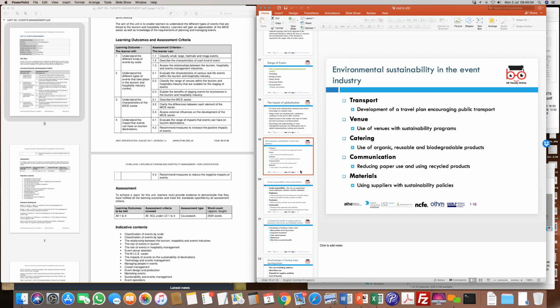Now, the last aspect that we want to look at is that some of this is also about promoting the concept of sustainability. As tourism increases, we get to hear about plastics in the ocean, for example.